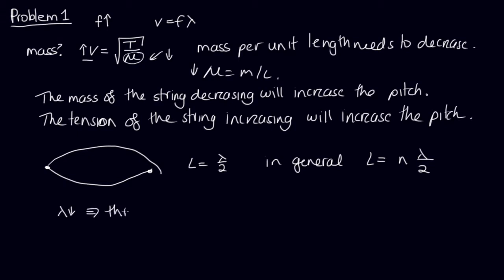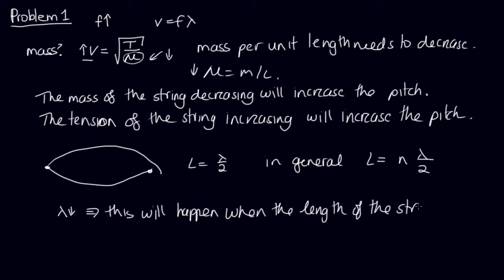So this will happen when the length of the string decreases. So to increase the pitch, we need the length of the string to decrease. So shorter length strings on instruments like harps, etc., tend to give the higher pitched notes.